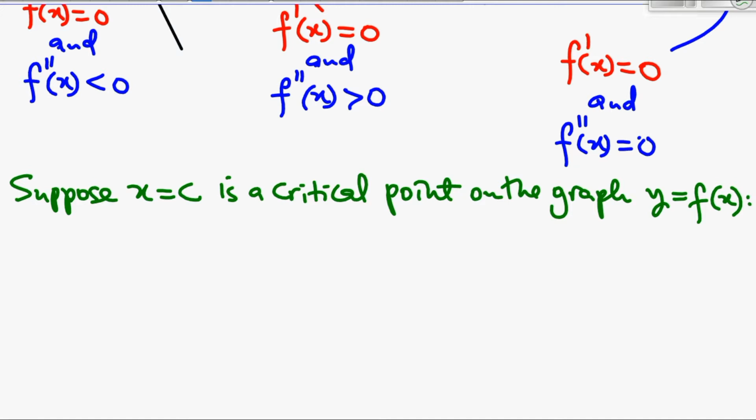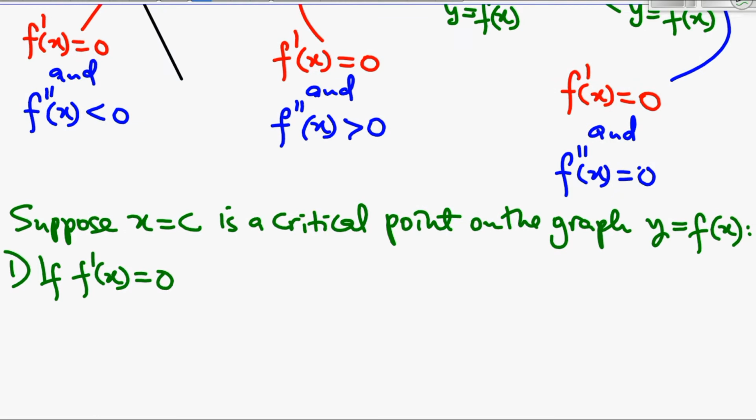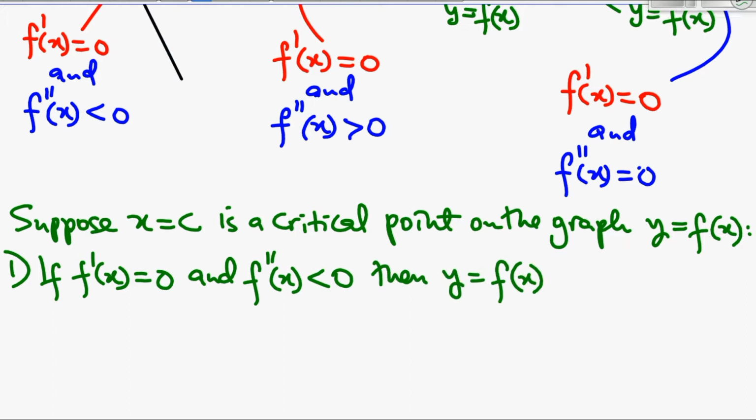One, we can say that if the first derivative is equal to 0, like what we have in the first case, and the second derivative is less than 0, then we can say that y is equal to f of x has a minimum at x is equal to c.